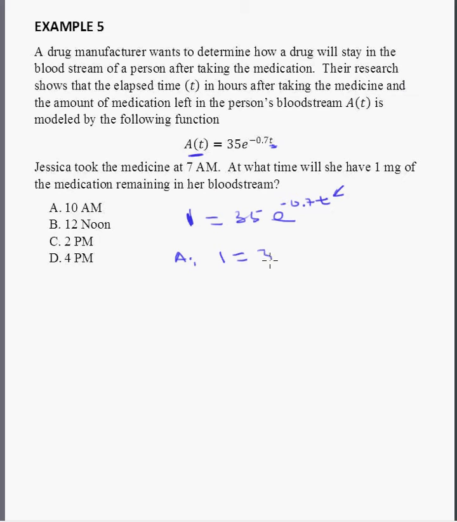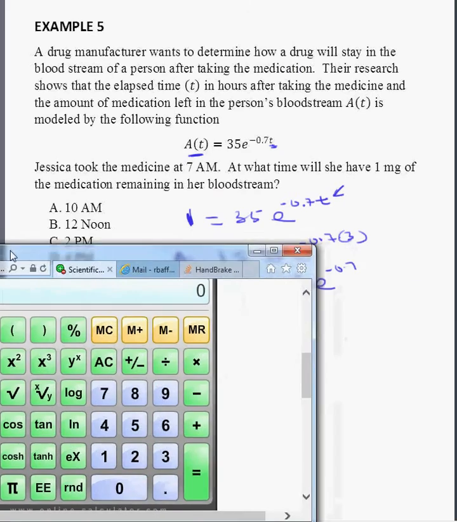So if you do 35 e to the power of negative 0.7 times 3 hours, hopefully that will be equal to 1. Let's try that. Let's bring our calculator and do that quickly.